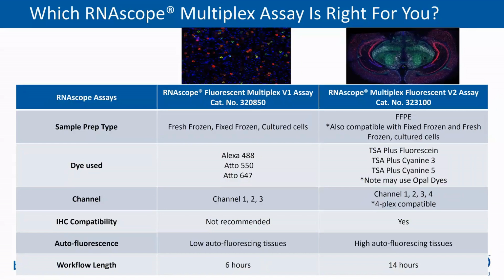The V2 version is compatible with IHC co-detection and is recommended for tissues which have high autofluorescence. As compared to the V1 assay, the V2 assay has a longer workflow length, which is 14 hours, and is usually better off if split between 2 days.